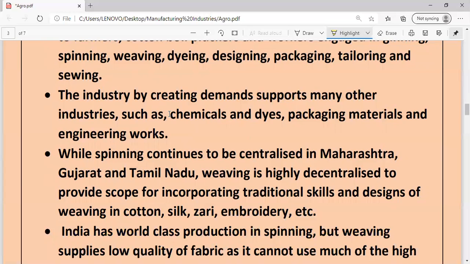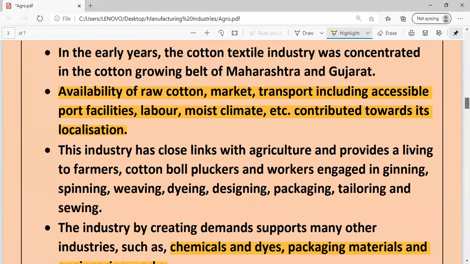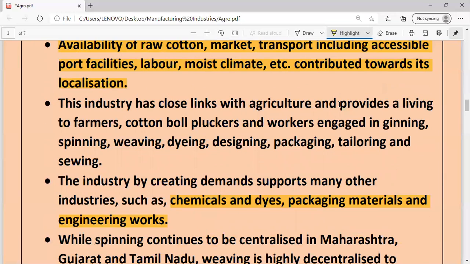Then packaging materials, you need to pack it. Then engineering works, like for the making of machines. All these industries are depending on the cotton textile industry. So it gives employment opportunity, provides a living for a lot of people who are engaged in different processes, and also it helps a lot of other industries.